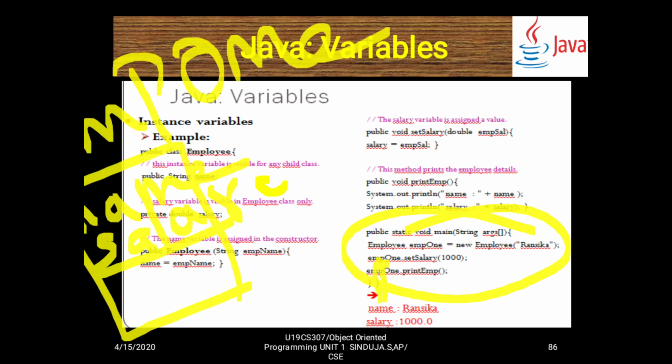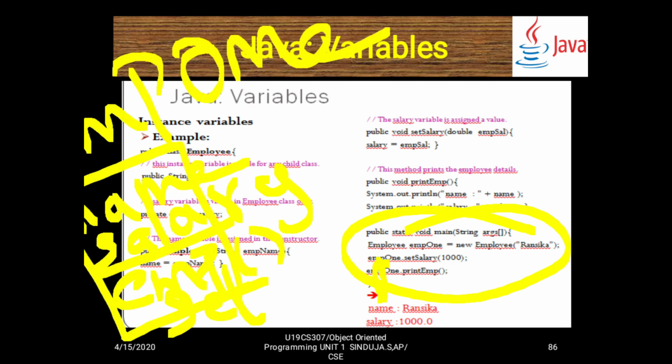Name and salary. And what are all the functions it has? Employee, sorry, I'm writing in short form, and setSalary and printSalary. So everything else is functions.